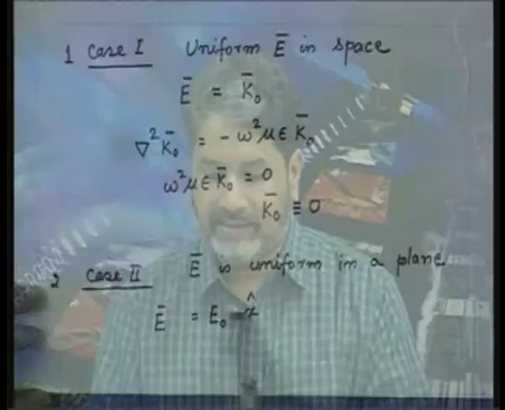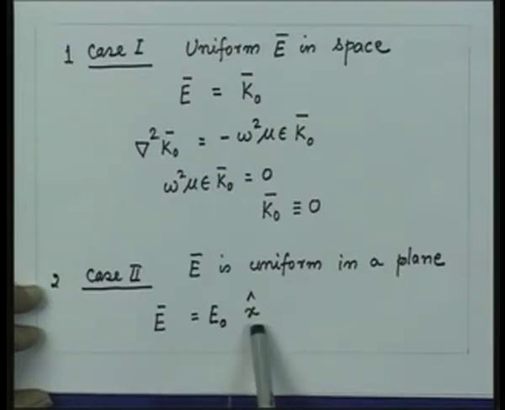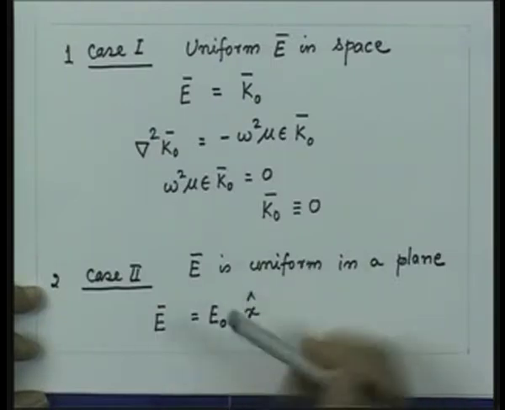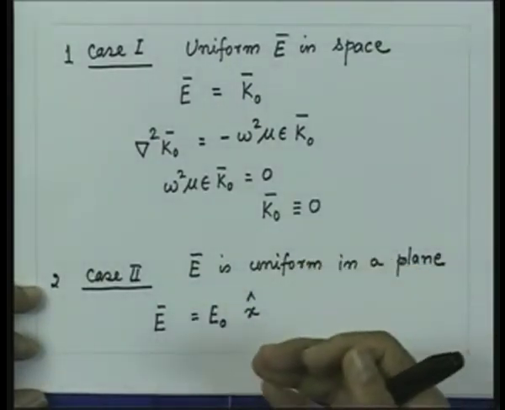So, we have two choices: the plane perpendicular to this, which will be the yz plane, or any plane which contains the x axis, which could be the xz plane or xy plane. Variation of the electric field in the yz plane is one possibility, and variation in the xz plane or xy plane is the other case, and these two cases are similar because now the plane is passing through the x axis.